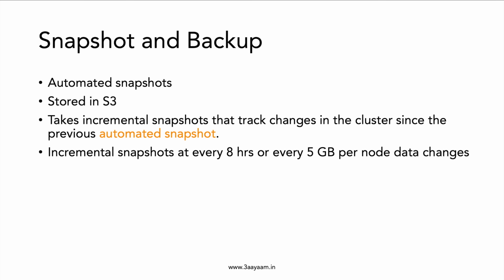In that case, the incremental snapshot would be taken 4 times because the snapshot happens every 8 hours or every 5 GB per node of data changes. Now the data change is not dependent on the time, meaning let's say 20 GB of data change happens only at 10 p.m. today and the change happens over a period of 2 hours. The incremental snapshot would be triggered 4 times during those 2 hours.